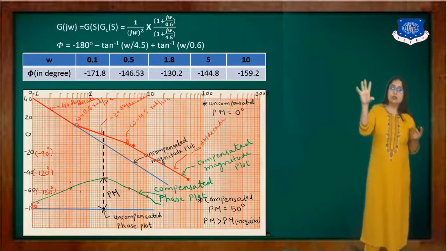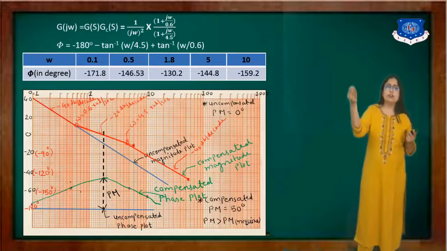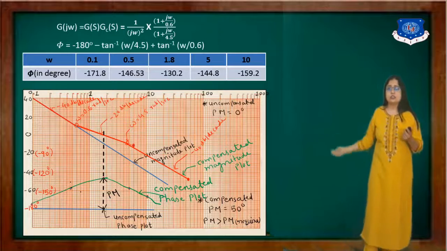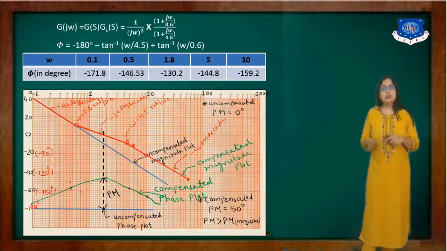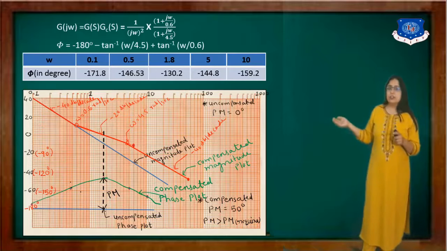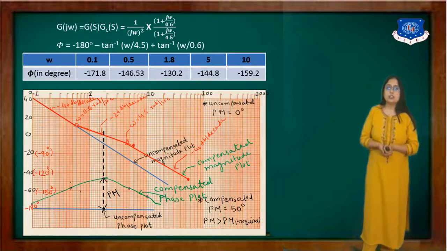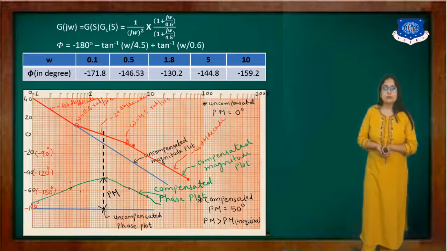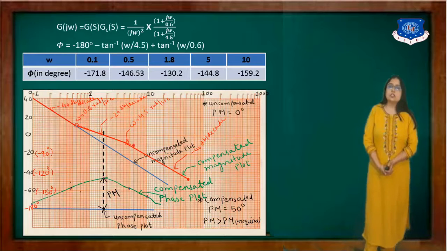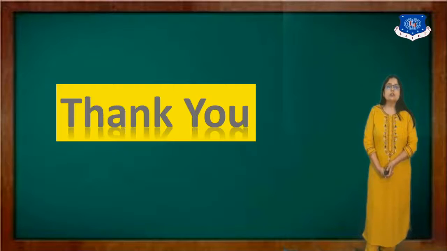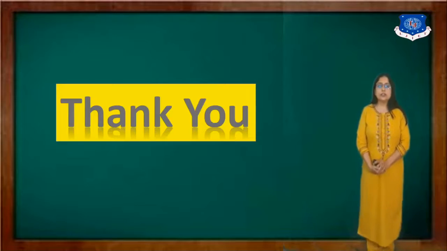We took eta equal to 5, now we will take different values, that is 7, 8 and check this. And then you have to check whether your phase margin is greater than your required phase margin or not. Okay? So this is all about the phase lead compensator design using the Bode plot. So I hope this session is clear. Thank you.